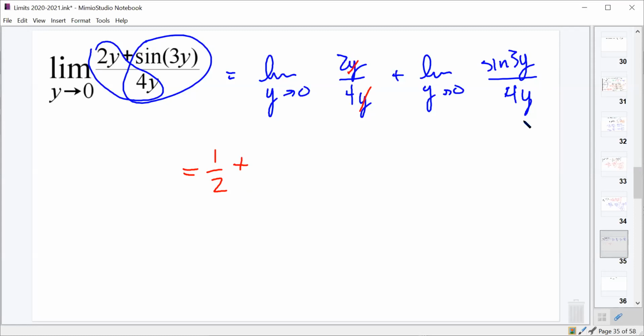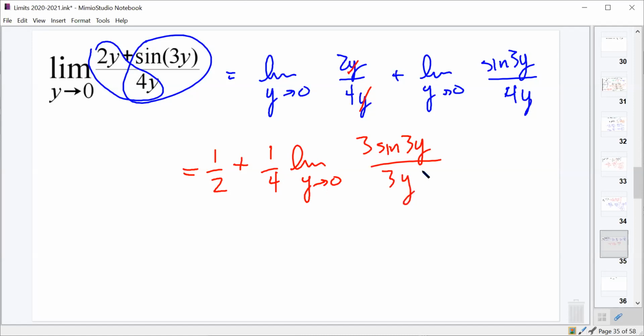You can multiply by 3 over 3, right? I will do that, but I still have this 4 down here, so can I pull that 4 out? 1/4, right? Yep. Pull out the 4 as a 1/4, and then we get 3 sine 3y over 3y.